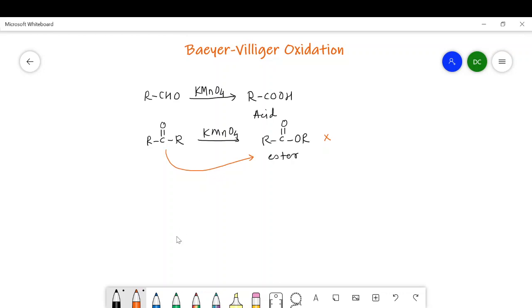There is one way, by using which one can convert this ketone into the ester, and that way is nothing but the Baeyer-Villiger oxidation process. So in this lecture we will discuss the Baeyer-Villiger oxidation reaction in detail.